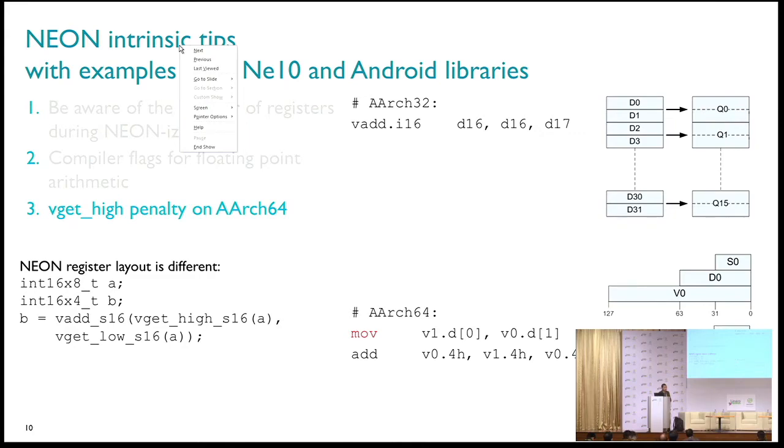That is a question I do not know the answer to. Okay. So you may use vget_high and vget_low in ARM v7 for free, but on ARM v8 it's not free anymore. So this may impact your algorithm. You may have to adjust your algorithm for this.